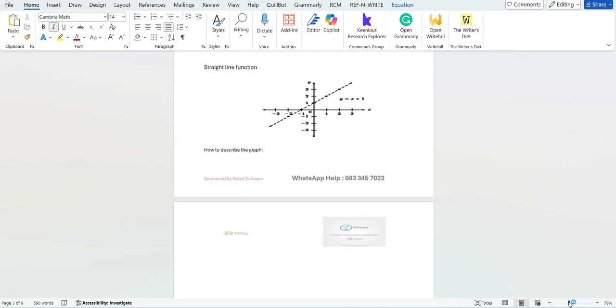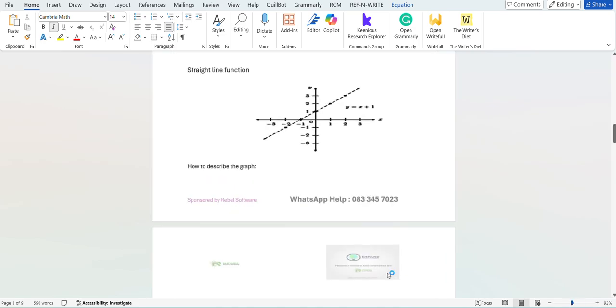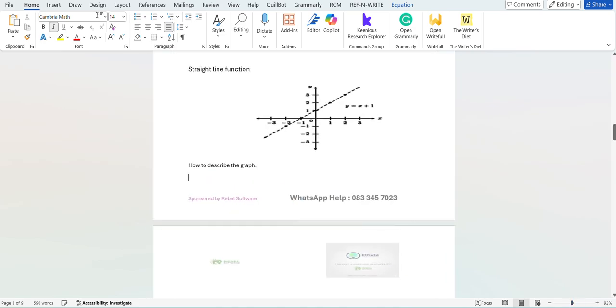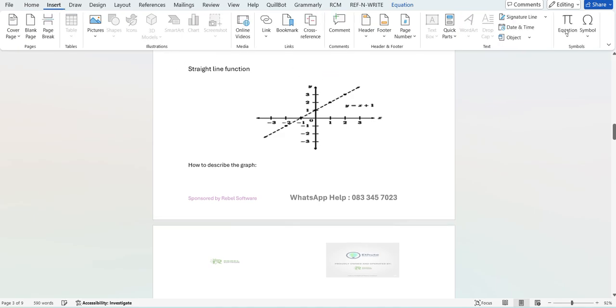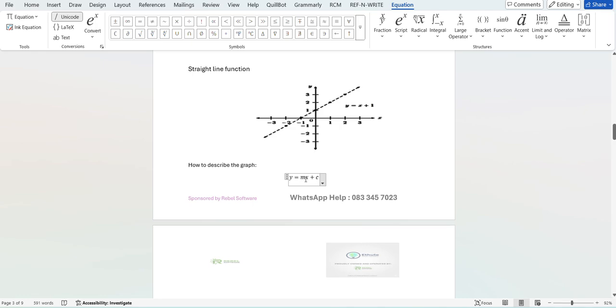Mainly a straight line is represented by the formula y equals mx plus c. So m is the gradient, which is the slope.